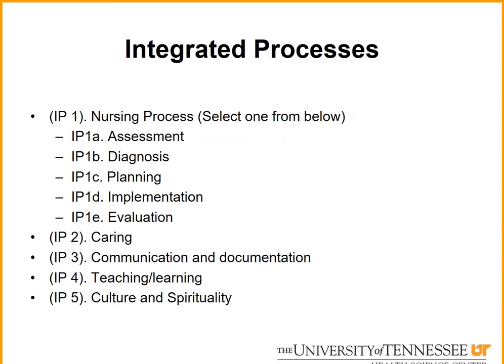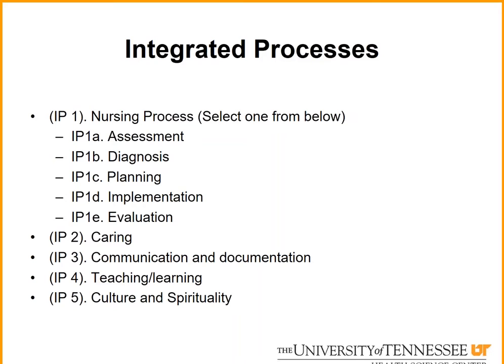Number 1 is the nursing process, and then we break it down into assessment, diagnosis, planning, implementation, and evaluation. This will allow the faculty, after they give an exam and they run the report, to see, well, 75% of my exam was on assessment. I asked 0 questions on evaluation. So students do not have the practice of learning how to answer evaluation questions related to the nursing process.